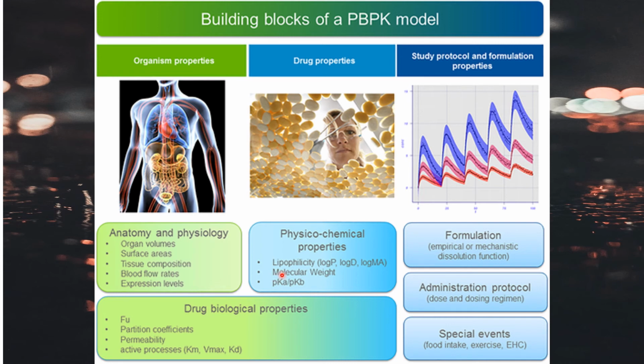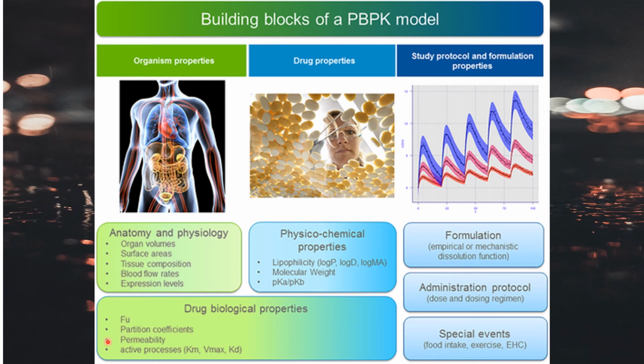What is required from you as input information is the physicochemical and biological properties of the drug of your choice or interest, which you want to investigate for pharmacokinetic analysis. For example, lipophilicity, log P value, molecular weight, pKa value.